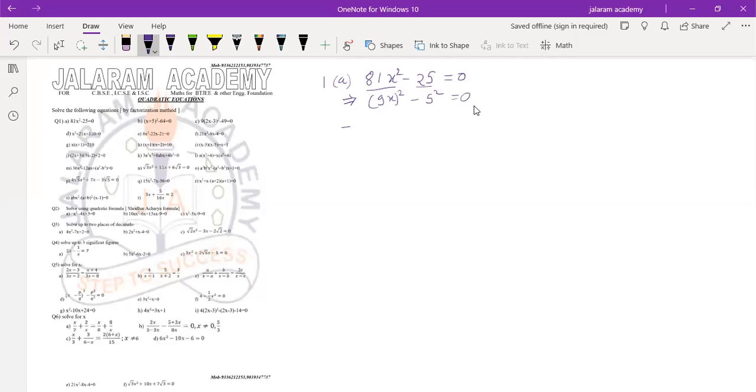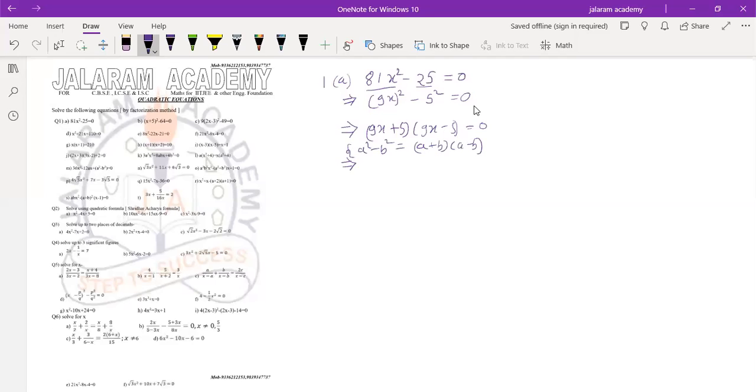So it implies 9x plus 5 into 9x minus 5 is equals to 0. And we will write the identity that a square minus b square is equal to a plus b into a minus b.